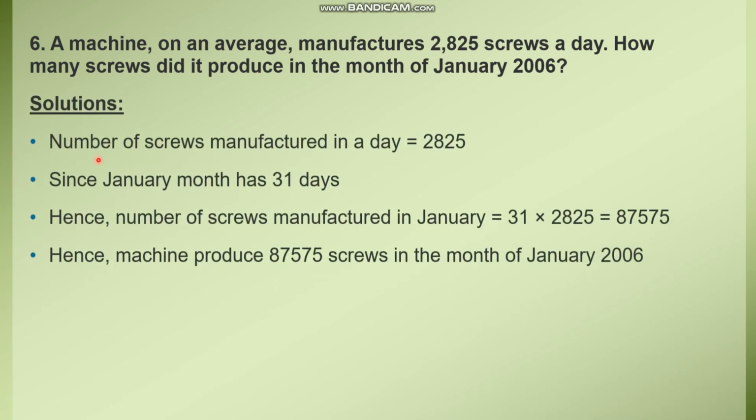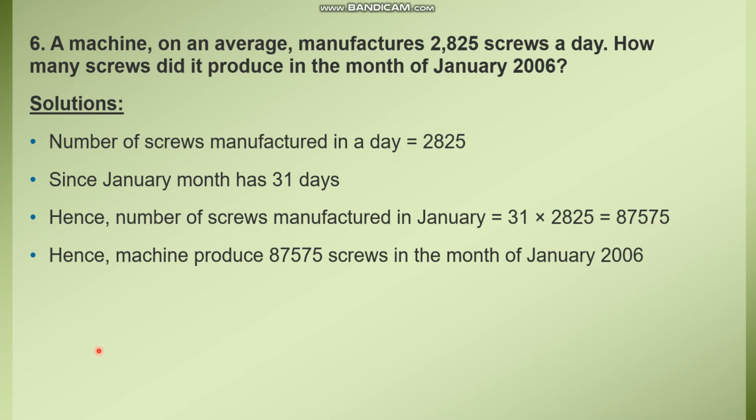First step we can write number of screws manufactured in a day, that is 2825. Since January month has 31 days, hence number of screws manufactured in January is equal to 31 into 2825, and after multiplying these numbers you will get the answer 87,575.